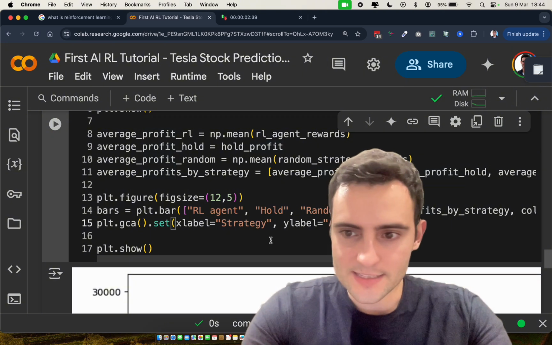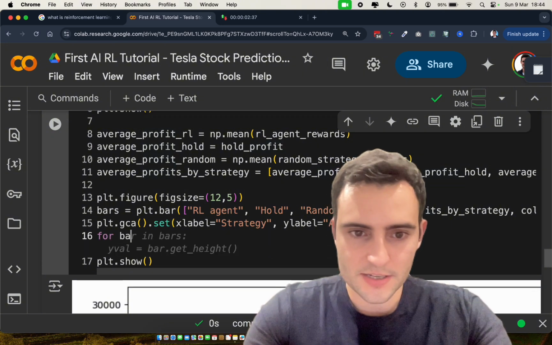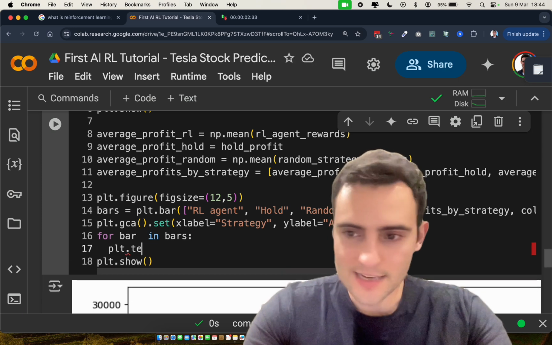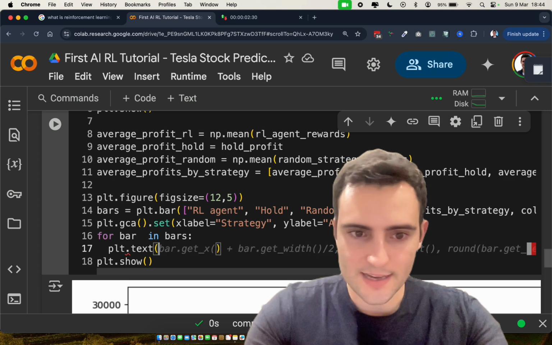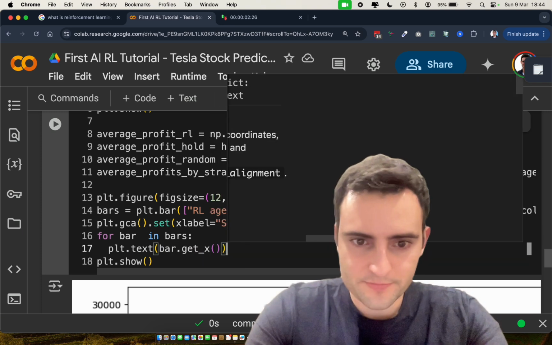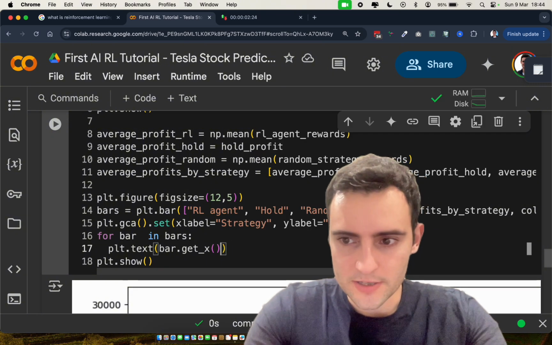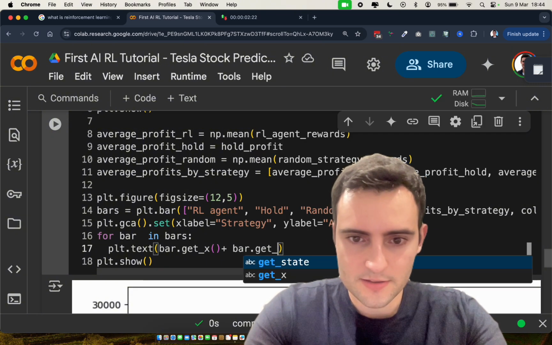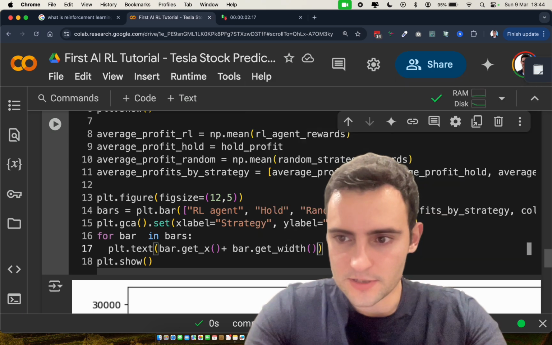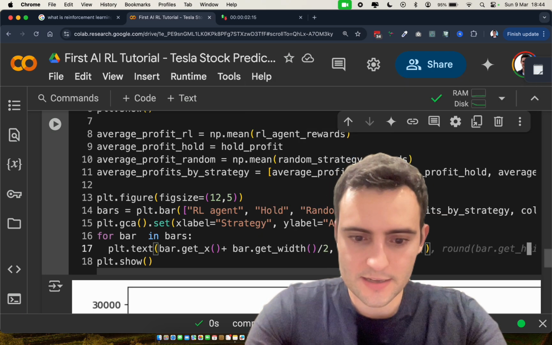So now last, if I do for bar in bars, plt.text, we add some text to it and we say bar.get_x plus bar.get_width divided by 2 and bar.get_height.